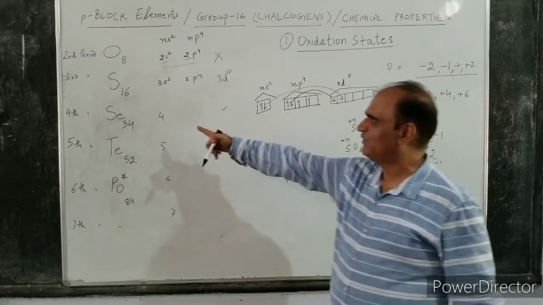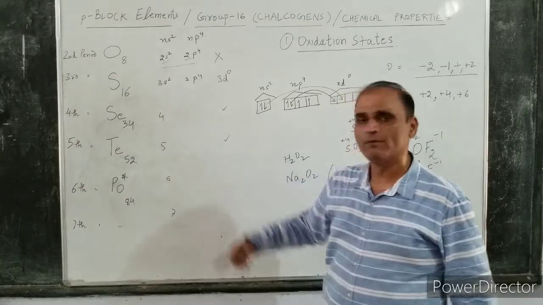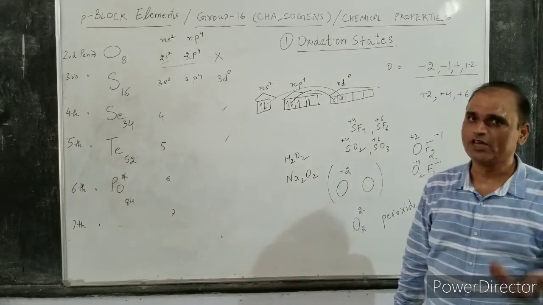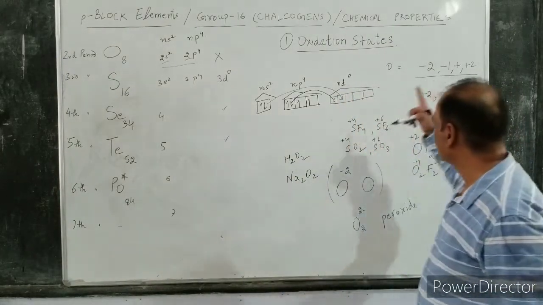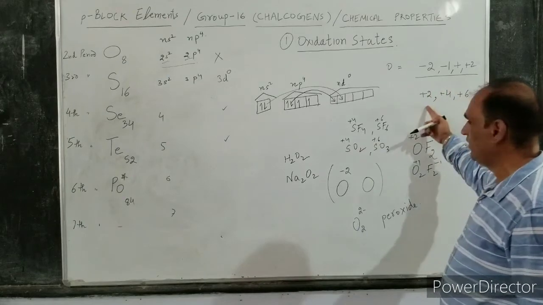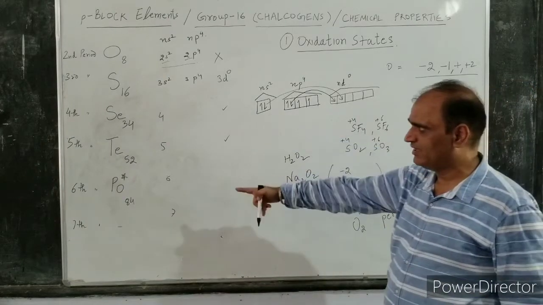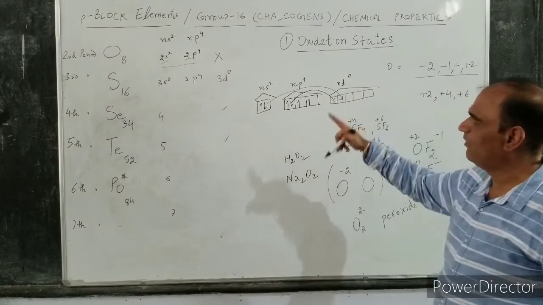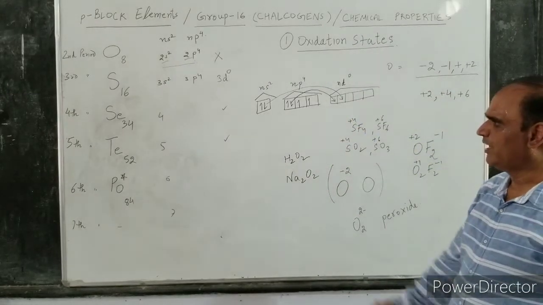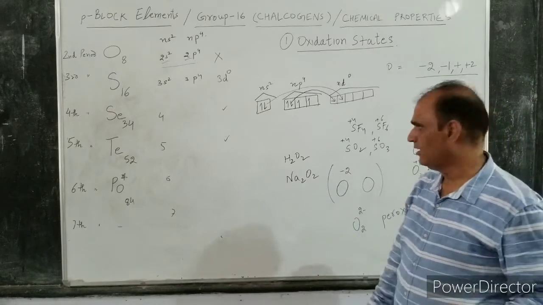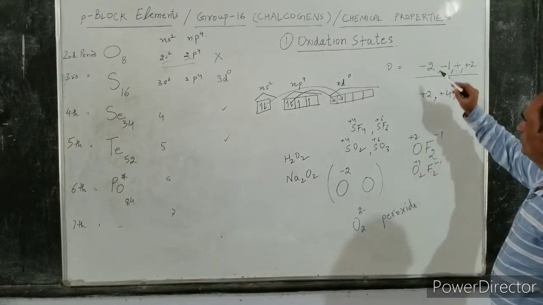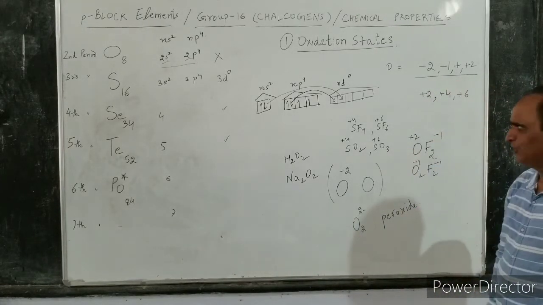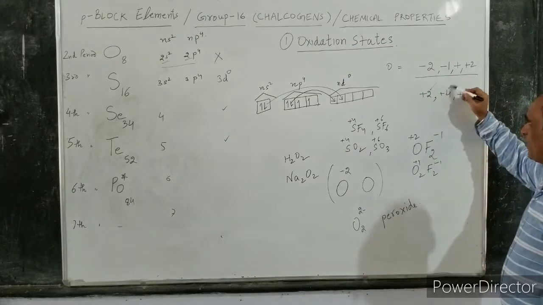Similarly, same is the case with selenium and tellurium also. Selenium and tellurium also show +4 and +6 state along with +2 due to same reason, due to presence of vacant d orbitals which are involved in excited state. Now polonium, as I told earlier, cannot show -2 because polonium is metal. It shows +2 of course and +4 also.